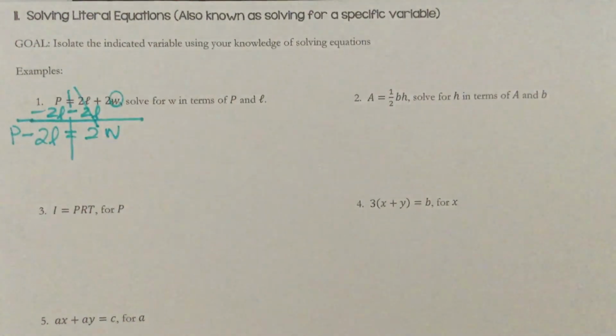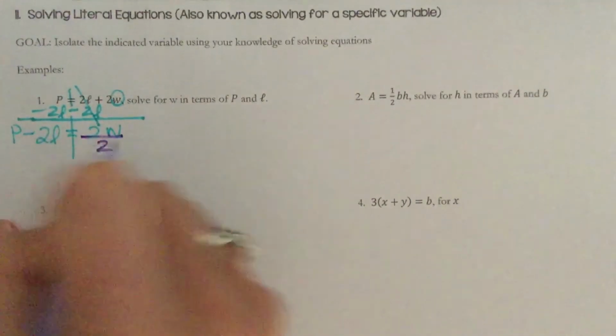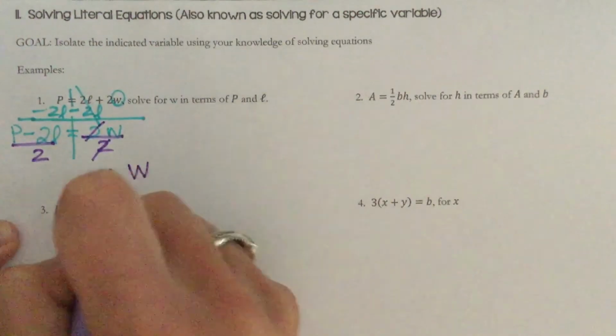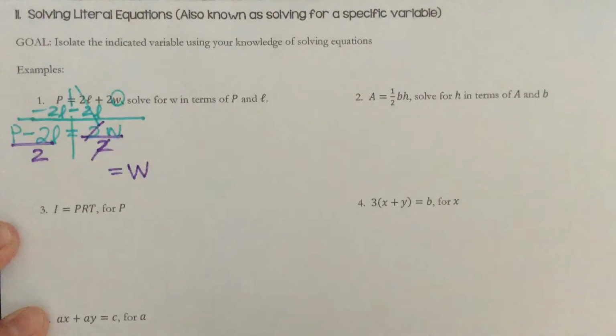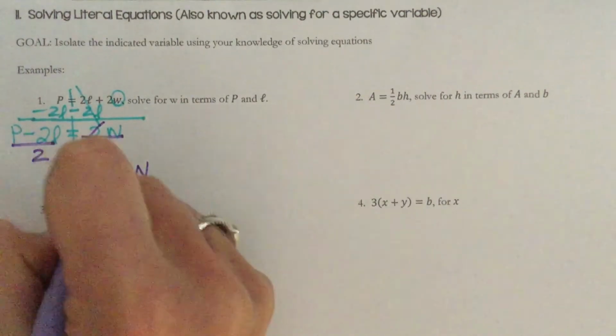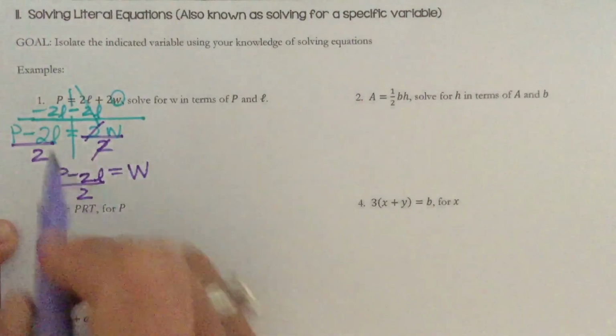Now we multiply or divide, and in this case, because it is 2 times W, we are going to divide both sides by 2. Over here, the 2's cancel to leave me with W all by itself. And on the left-hand side, I can see that W is equal to P minus 2L all over 2.